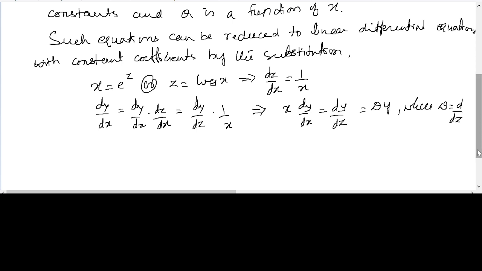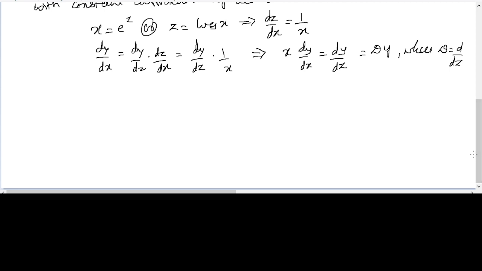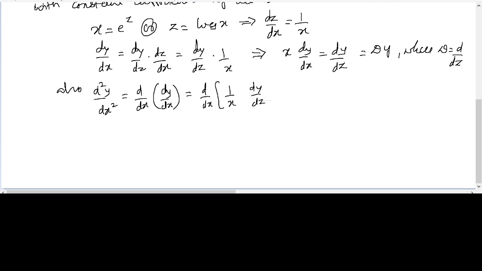So now the question is what to write for d square y by dx square. Let us see that also. d square y by dx square can be taken as d by dx of dy by dx. For dy by dx we substitute 1 by x into dy by dz.